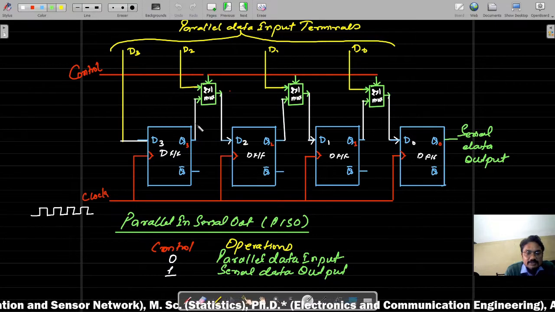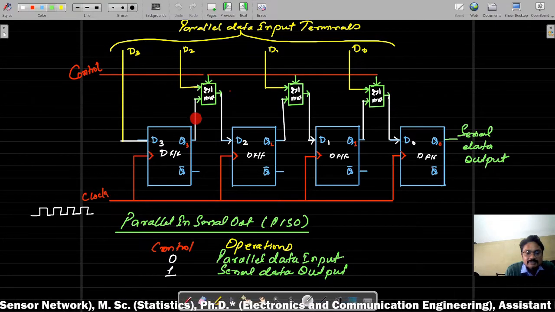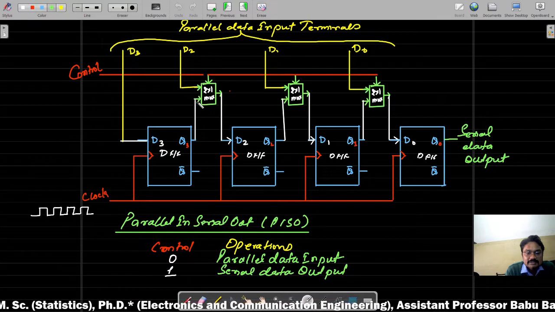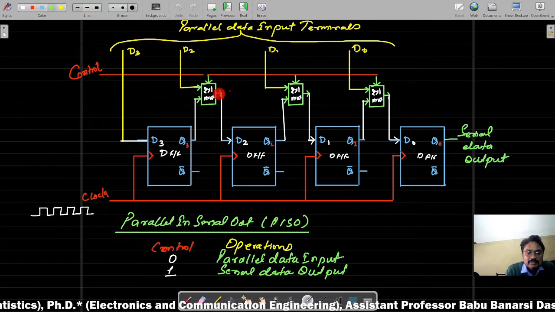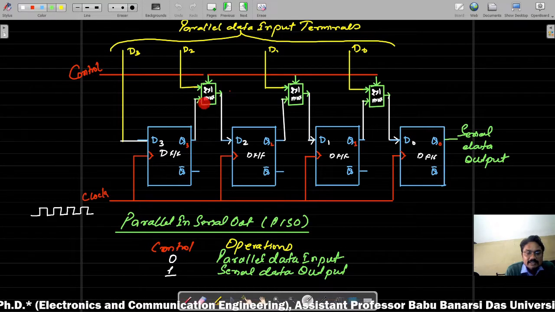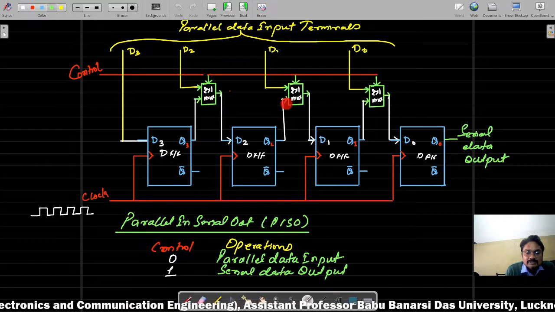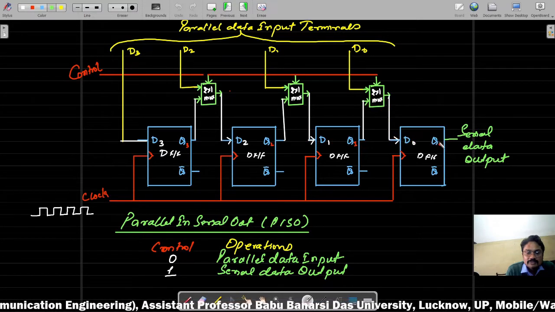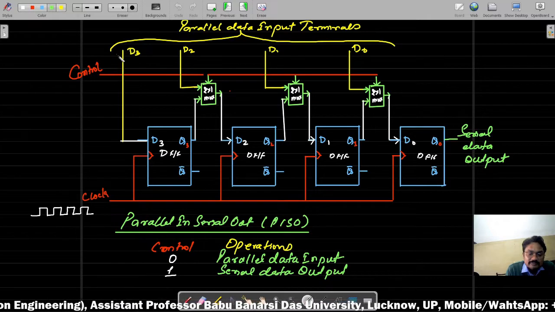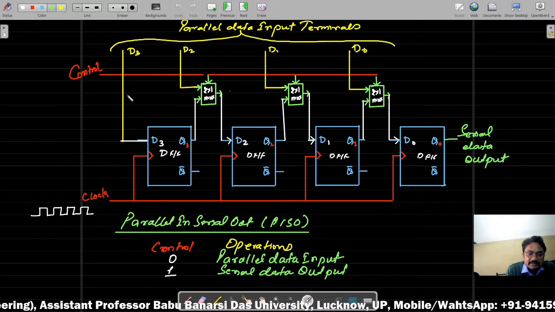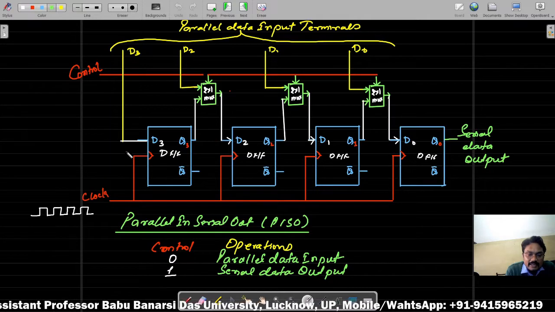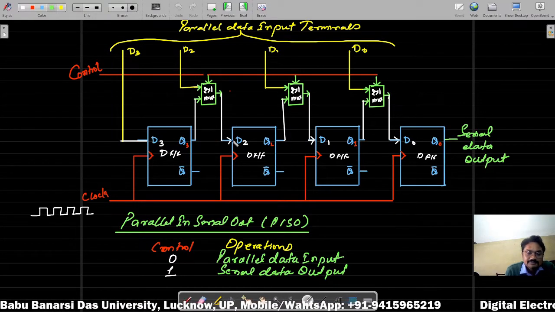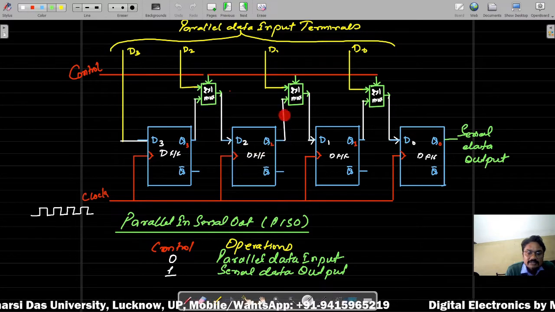When the control is 1, the second input line gets enabled, because this channel is transferred to the output of the mux. Now follow this propagation of your data. So once the control is 0, the parallel data gets in, and when the control is 1, whatever parallel data you have stored in this system will be serially out in this fashion.